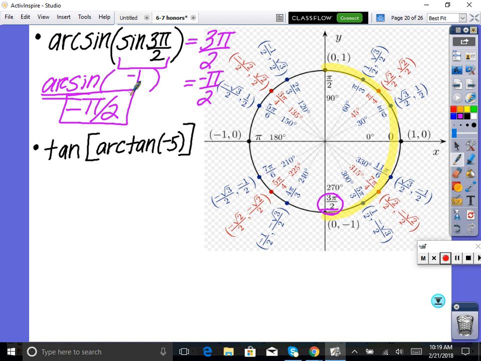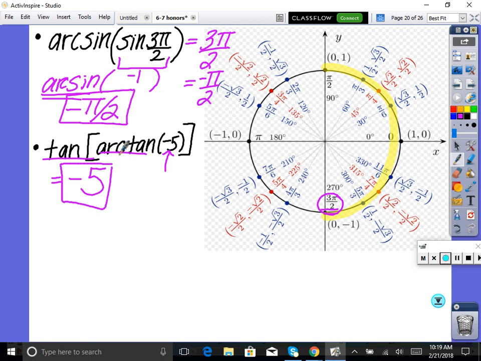What's my answer here? It's negative 5. Didn't we say that you can plug anything into arctangent? Remember the graph? You can plug anything into arctangent. And then arctangent and tangent are going to undo each other, so we get negative 5. Now think about why that makes sense.